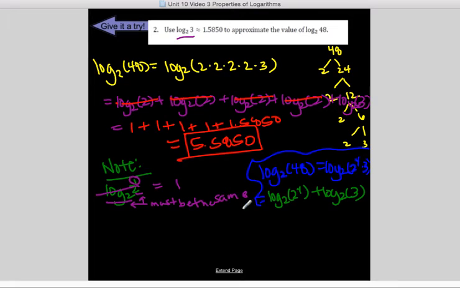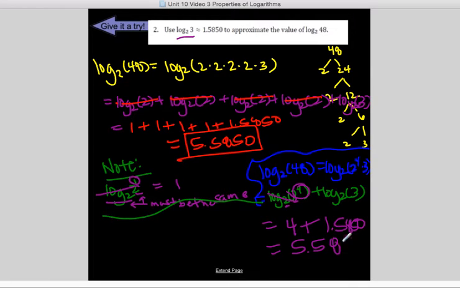When I do that, notice my base and the base of my log are the same, so these would cancel, and all I'm left with is my exponent. So it's 4 plus log base 2 of 3, which is 1.5850, which gives us an answer of 5.5850.